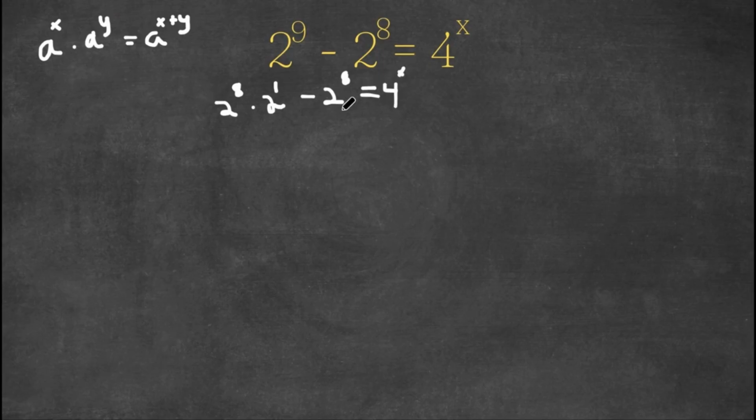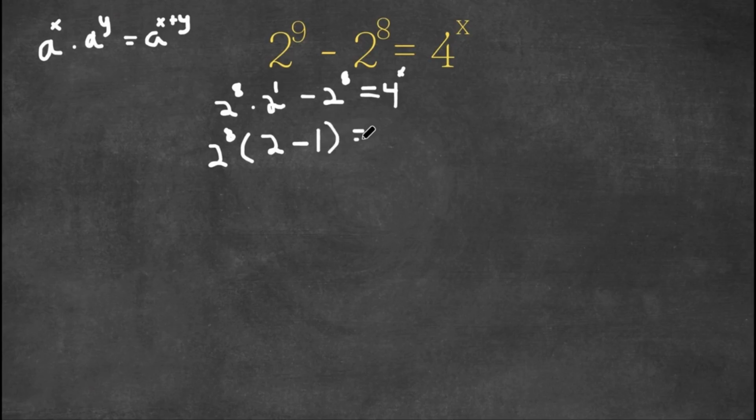Now, since we have two terms with 2 to the power of 8, I'm going to factor 2 to the 8 out of this expression. So now 2 to the power of 8 times, if we take out 2 to the power of 8 from 2 to the power of 8 times 2 to the power of 1, we're simply left with 2 to the power of 1, which is the same thing as 2. And minus 2 to the power of 8 divided by 2 to the power of 8 is 1.